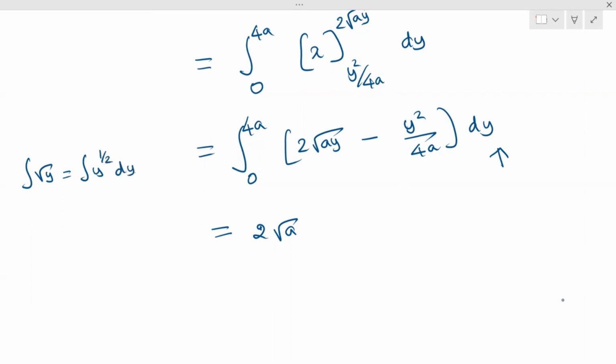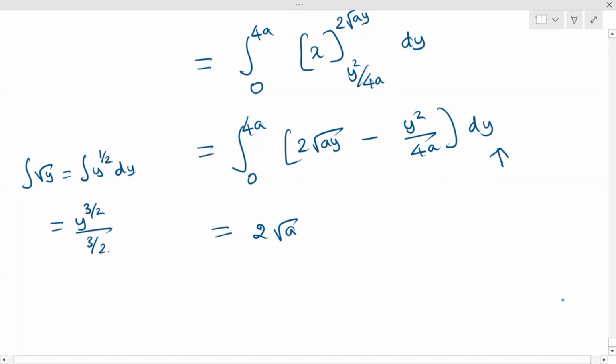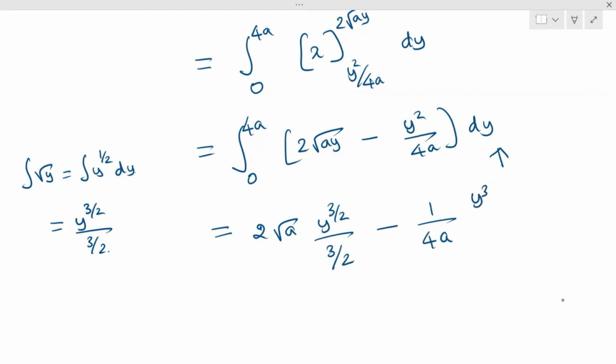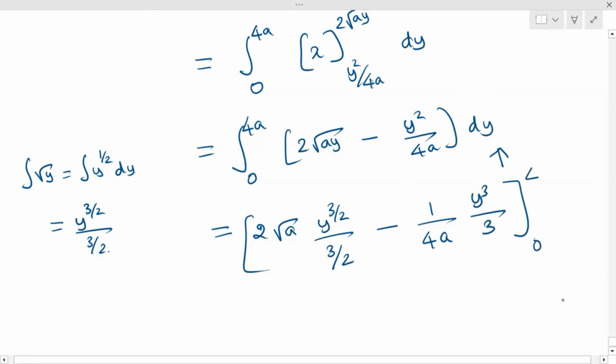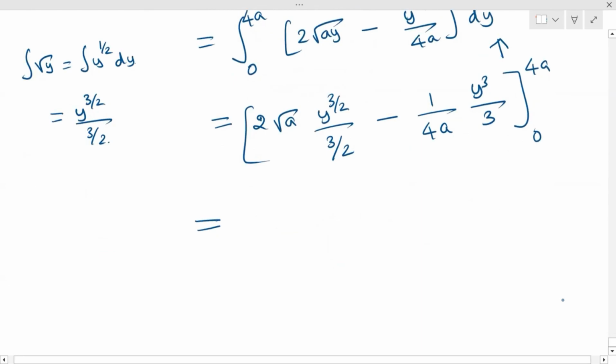So y power 1 by 2, that is x power n plus 1 by n plus 1, so y power 3 by 2 by 3 by 2. Minus, for the second term, write the constant as it is, y square integration y cube by 3, from 0 to 4a. Here it is 4 root a by 3.